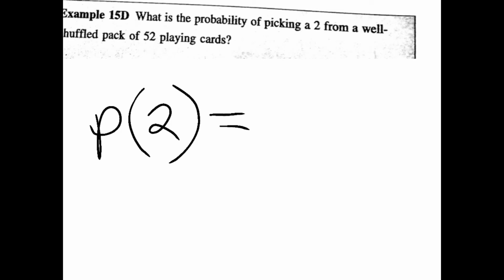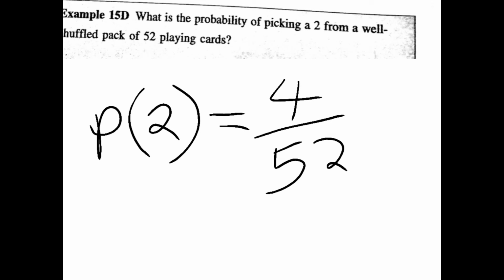How many 2s are in a deck of cards? There will be 4 2s. So the favorable outcome is 4 over the total outcome. How many playing cards do we have? 52. So 4 over 52, which means this can be simplified. Remember, you should always have a habit of simplifying your probability to its simplest form.